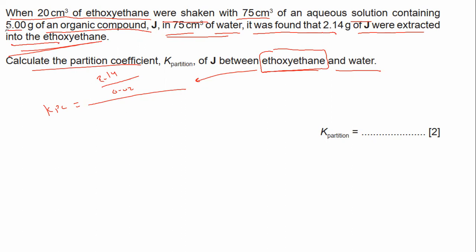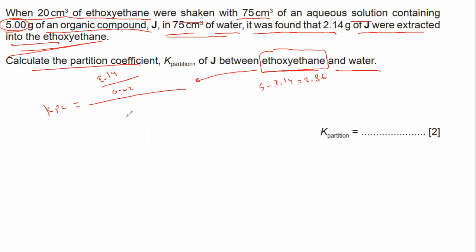We had 5. Some of it, which is 2.14, goes to ethoxyethane. The remaining will be in water. So 5 minus 2.14 will be 2.86, right? Yes.